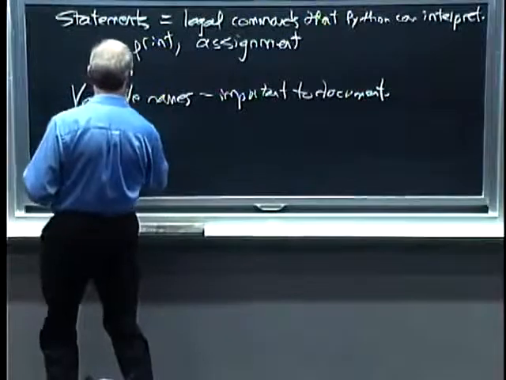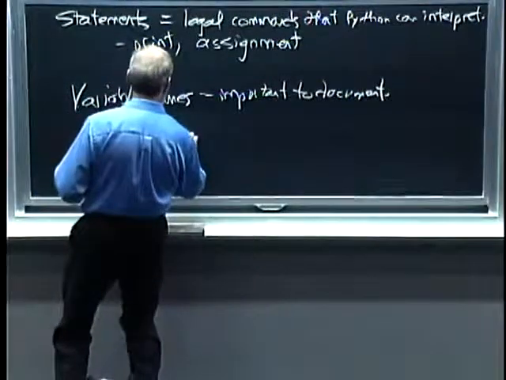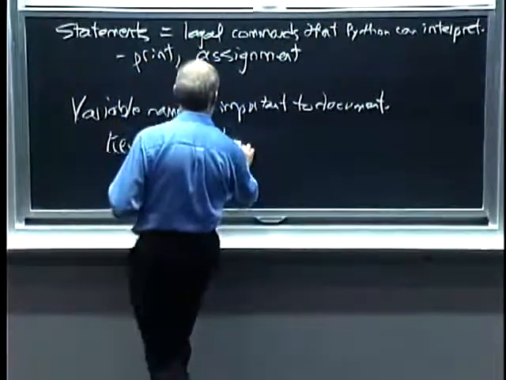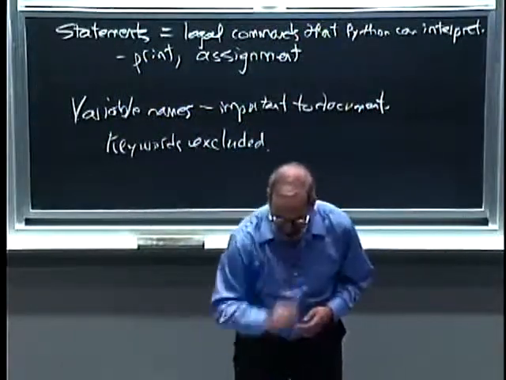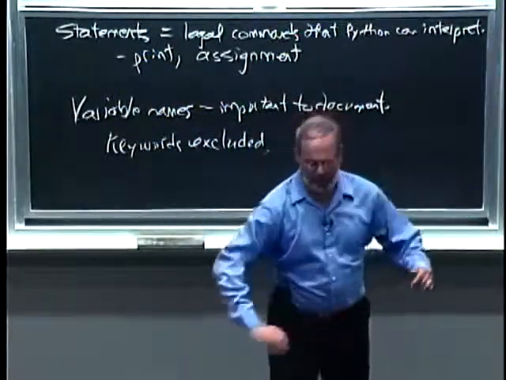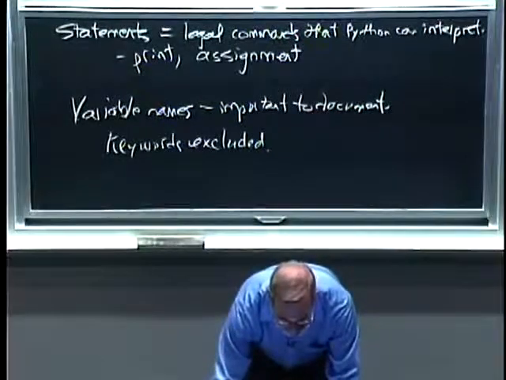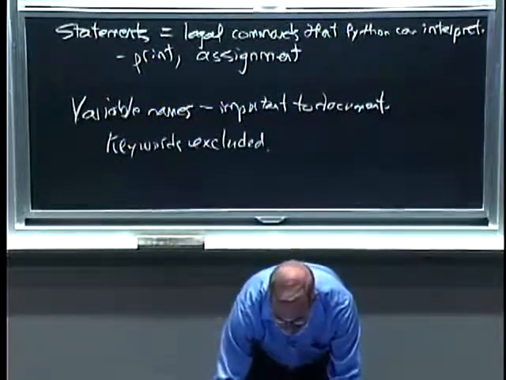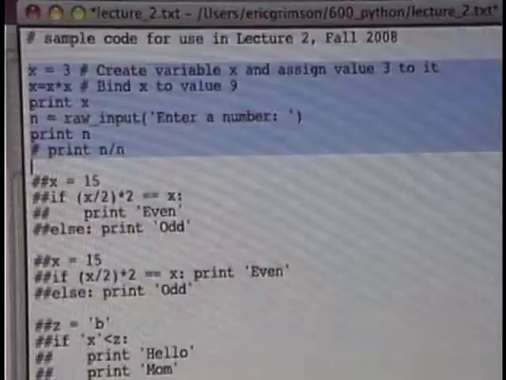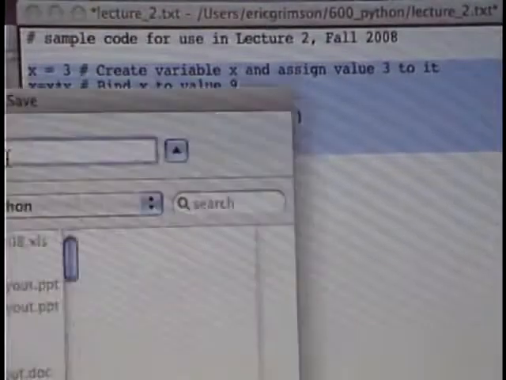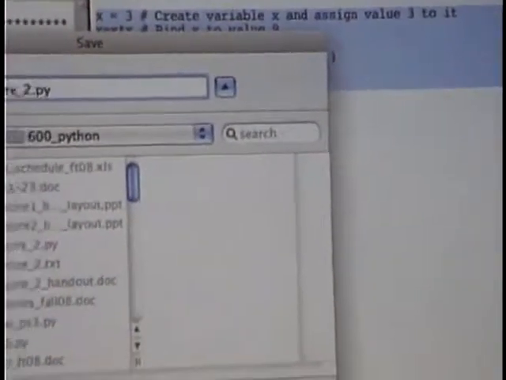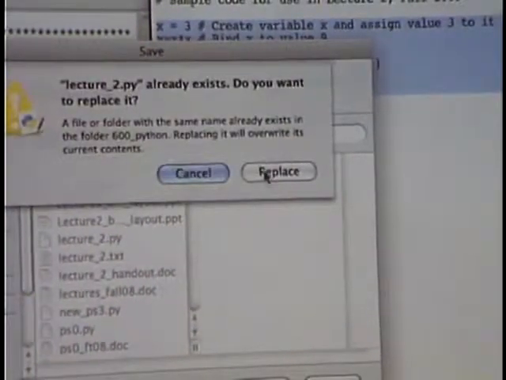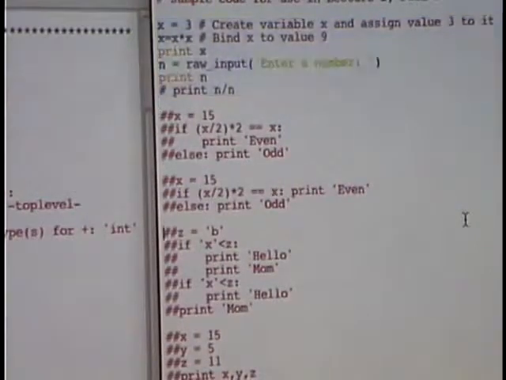In particular, there are some keywords that Python is going to use that have to be excluded. And let me highlight that. As I said, right now that's just a text file. I'm going to save this away with the suffix py to make it a Python file. And I know it's already there, but I'm going to do it.